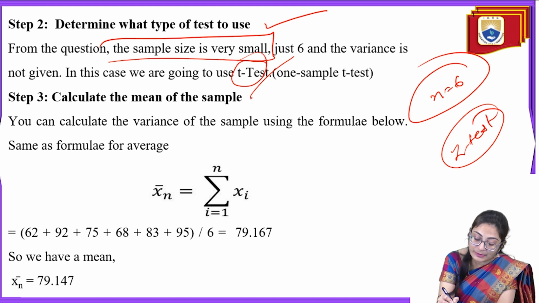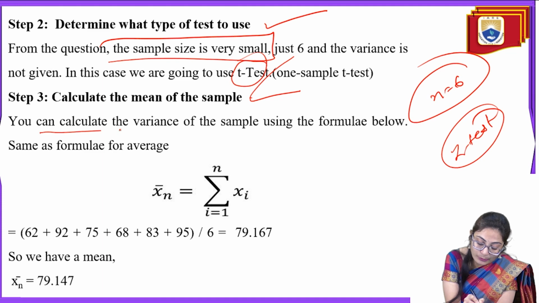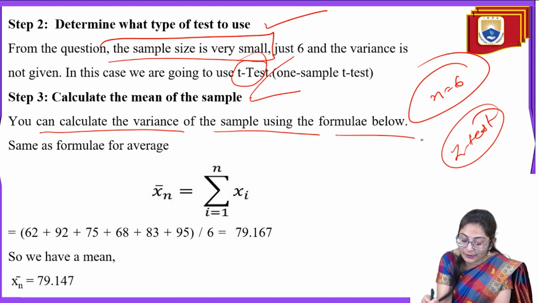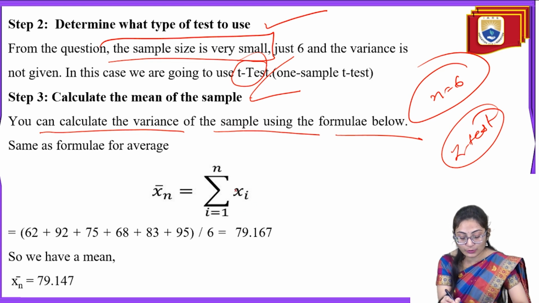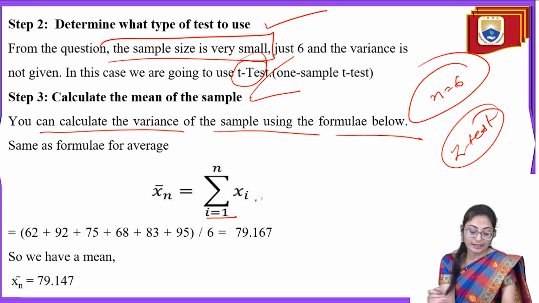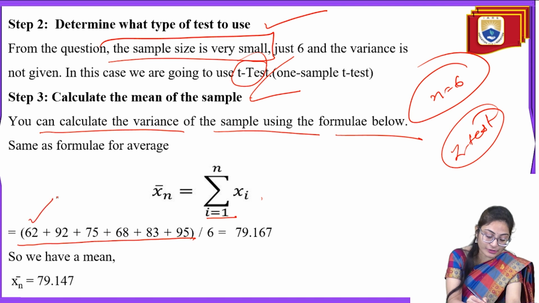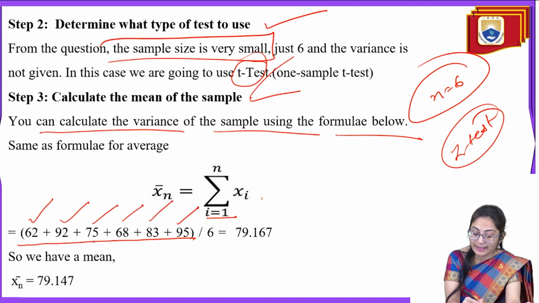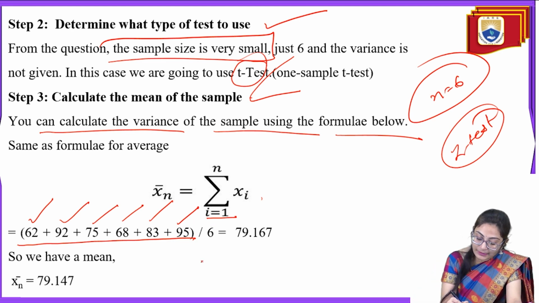And then step 3 is to calculate the mean of the sample. You can calculate it using the formula below. X n bar is equal to the summation of i is equal to 1 to n of xi. Now here we will add whatever scores we got, that is 62 plus 92, 75, 68, 83, 95, and divide by 6.